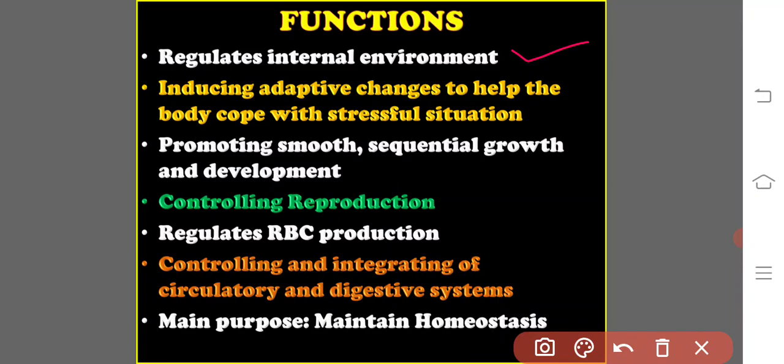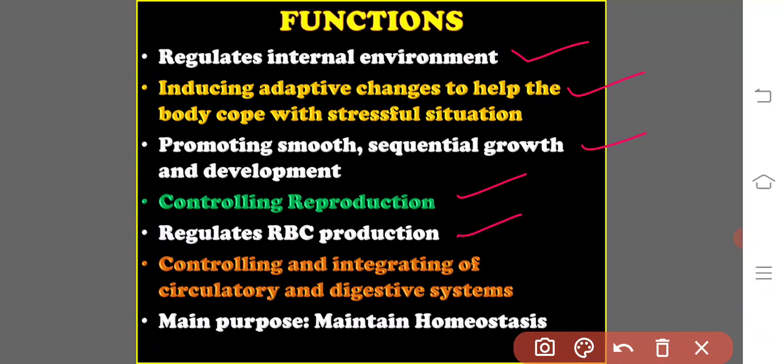The second one is inducing adaptive changes to help the body cope with stressful situations. The third one is promoting smooth sequential growth and development. And the fourth one, controlling reproduction.